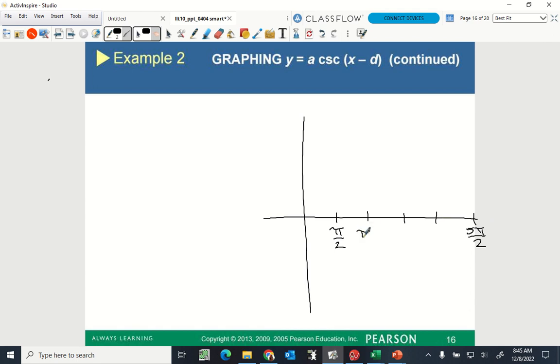I get pi, 3 pi over 2, and 2 pi. My amplitude was 3/2, right?